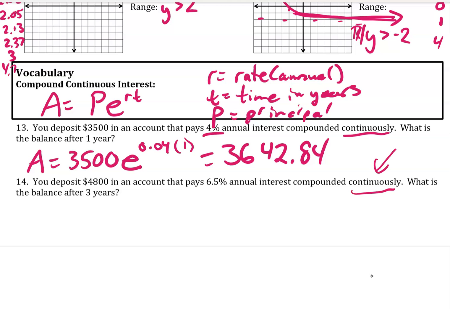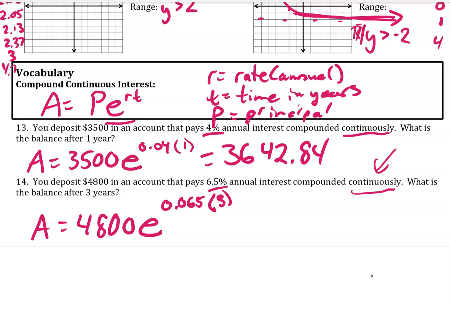You deposit $4,800 in an account that pays 6.5% annual interest compounded continuously. That's the word you're looking for to be able to use this function with e. What is the balance after 3 years? So now we're going to put in our principal, $4,800, times e to the 0.065, 6.5%, times 3.